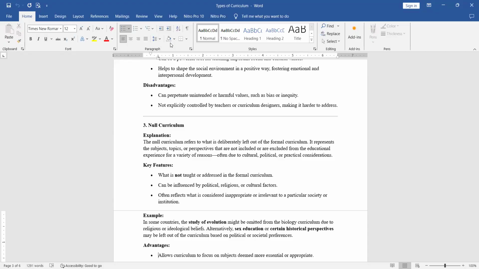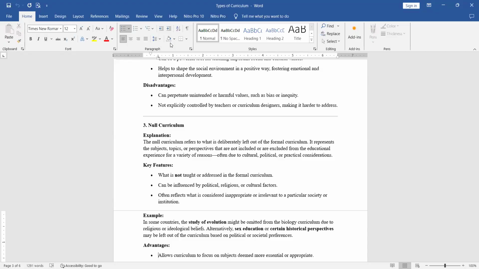I will give you a very good example from the Sri Lankan context. Sex education, gender roles, biases. Deliberately, they are not incorporated into our curriculum, right?